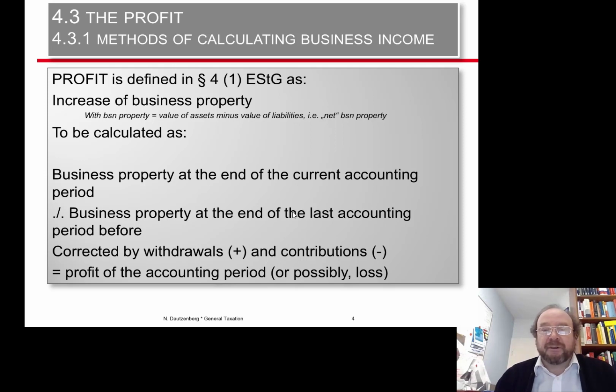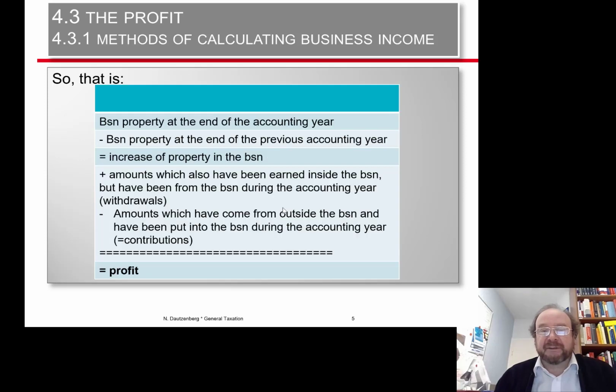Then you have all the profit which the enterprise generated during the last accounting period. So to show you this again in a more, I hope, easy way, why not? You can see that here on that chart.